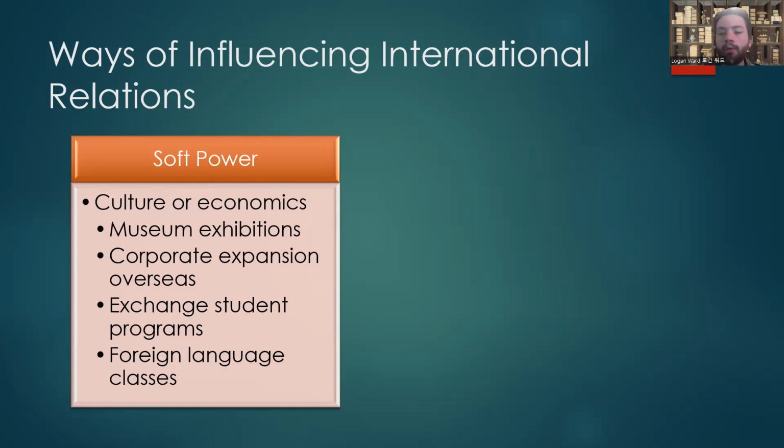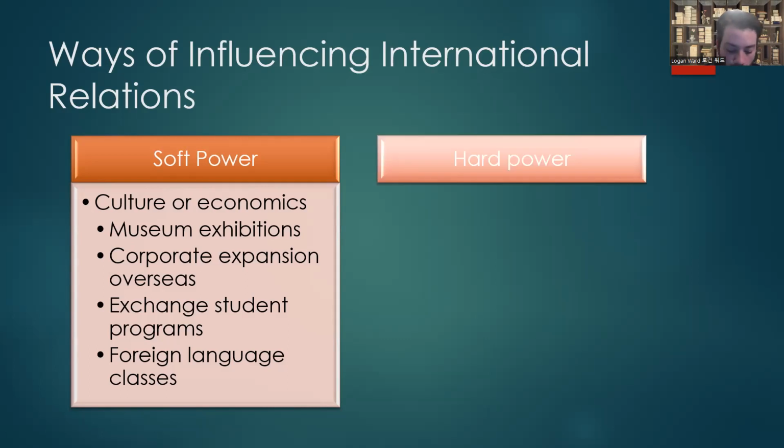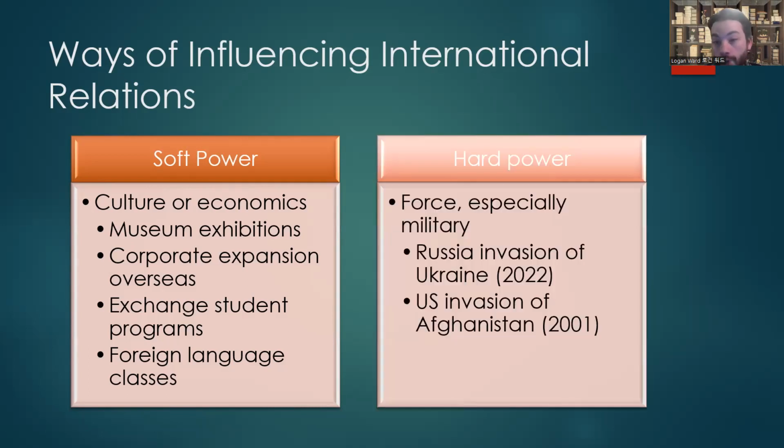Soft power does typically refer specifically to when governments do that, which is what's going on here. But you can think of even softer forms of soft power between universities, which still have that sense of wanting people of different nations to interact with each other and learn about each other. So this contrasts with hard power. Hard power is the use of force, especially military force.